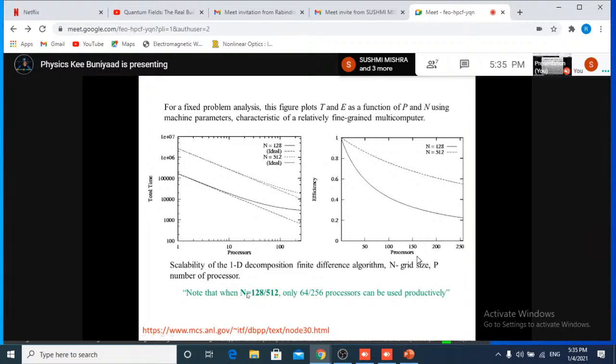These are the two cases where we analyze how total time behaves on increasing the number of processors and how efficiency behaves on increasing the number of processors. Here the problem size is fixed and the computer is fixed, but we only increase the number of processors.